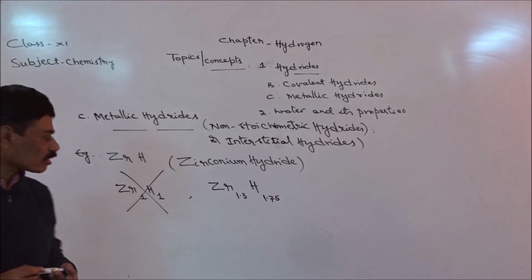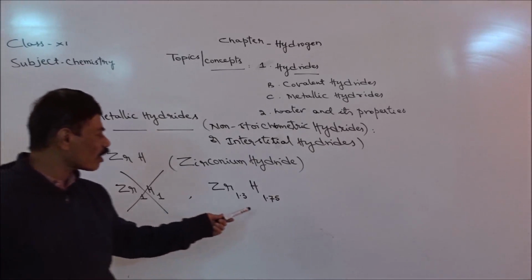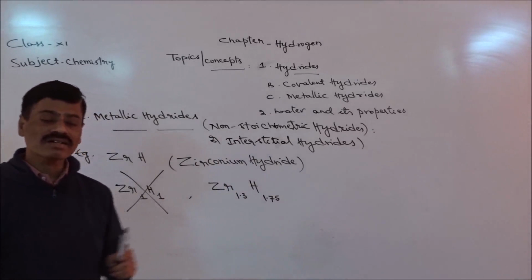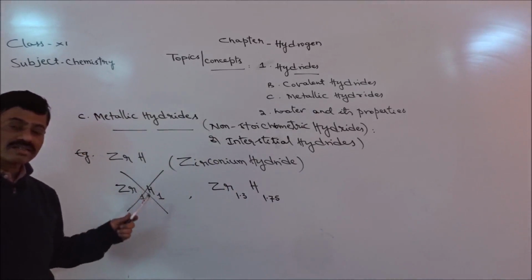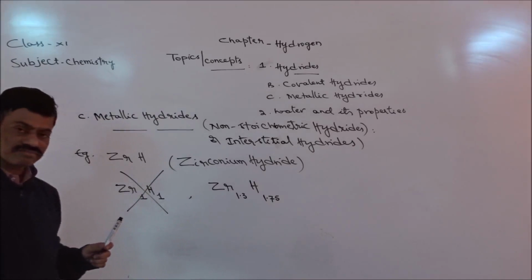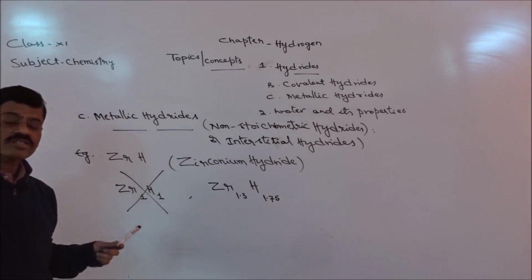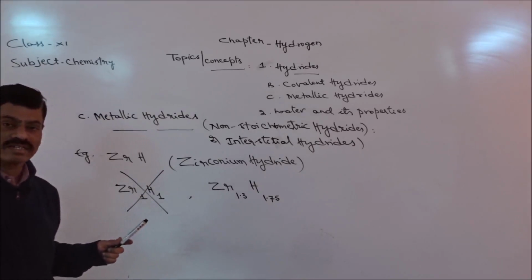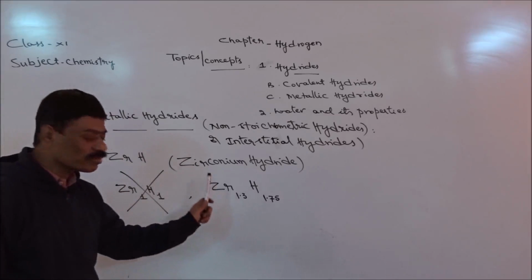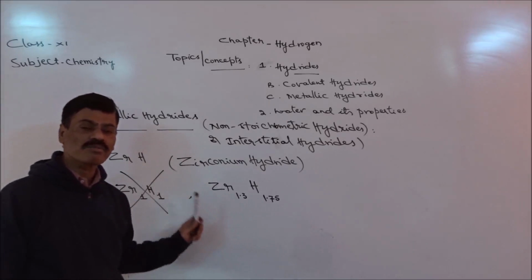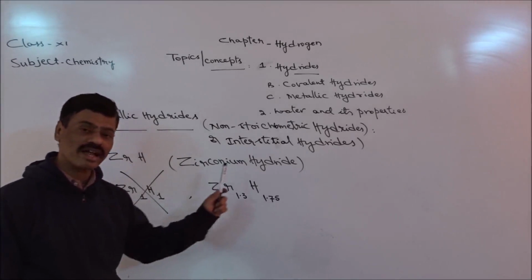Means here this ratio 1.3 and 1.75 is not equal to the 1:1 ratio as per the stoichiometry. This is quite opposite to stoichiometry. Therefore, this compound is said to be a non-stoichiometric compound, that is, a non-stoichiometric hydride.